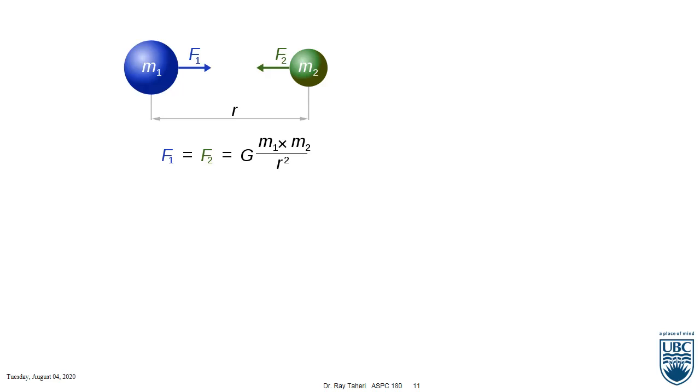They attract each other, especially when you have a huge object like Earth. The force that these two exert on each other is equal to G, capital G, M1 multiplied by M2 divided by R squared. G is a constant, which is 6.67×10 to the minus 11 Newton meter squared per kilogram squared.